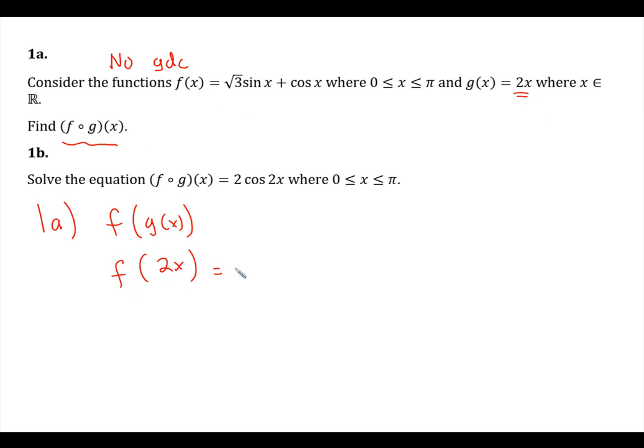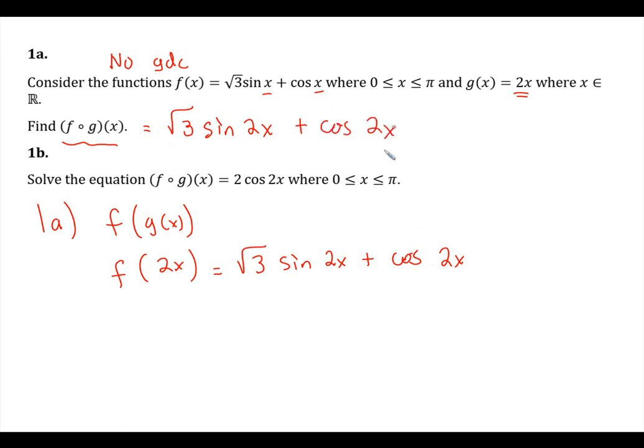So the f function here, we have root 3 times sine, now instead of x, I replace it with 2x, plus cosine, now instead of x, I replace it with 2x. Okay, so this would be our answer for 1a right here: root 3 times sine 2x plus cosine 2x.